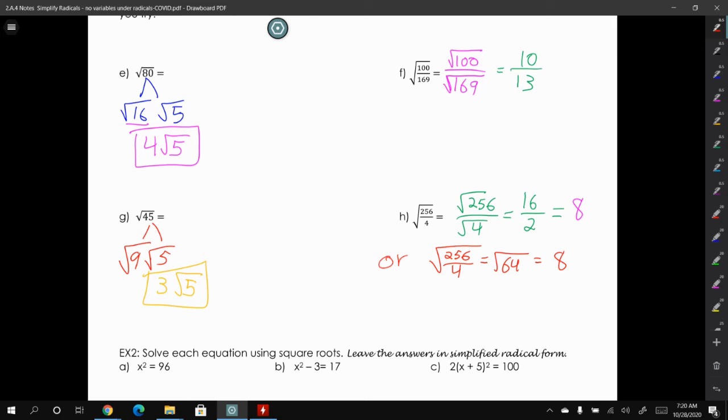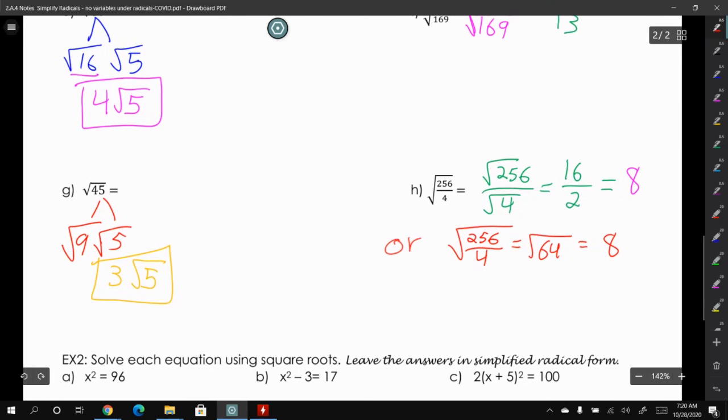So for letter H, I just want to talk about that real quick because there's 2 ways you could have done that. You could have broken that up into the square root of 256 over the square root of 4. Then the square root of 256 is 16, and the square root of 4 is 2, and then 16 divided by 2 is 8. Or you could have just gone from the beginning and said, okay, what is 256 divided by 4?